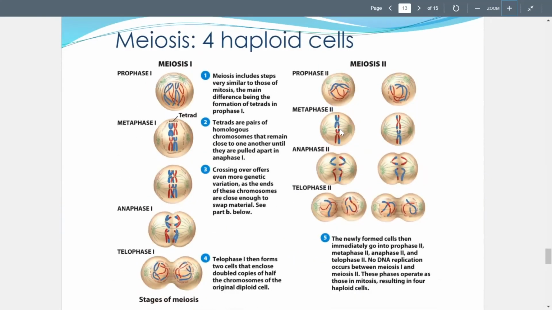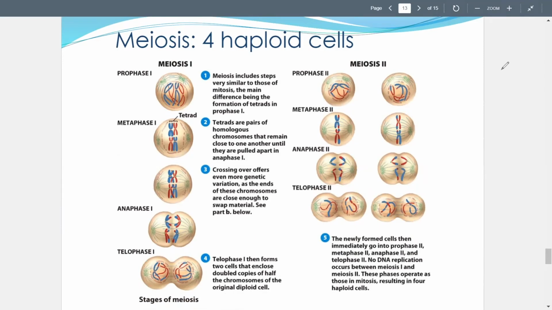If you see in the picture of telophase, it's still in chromosome form. You need to break that even more in half, so they're just single strands. Compared to telophase 2, where they're individual strands, in telophase 1 they're still in chromosome form, so you still need to break that in half. That's where meiosis 2 comes in.